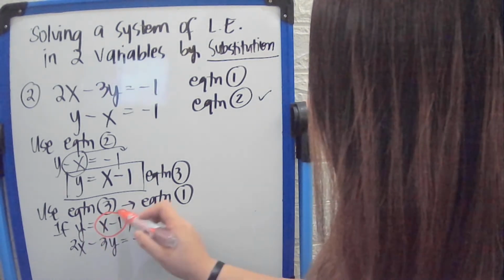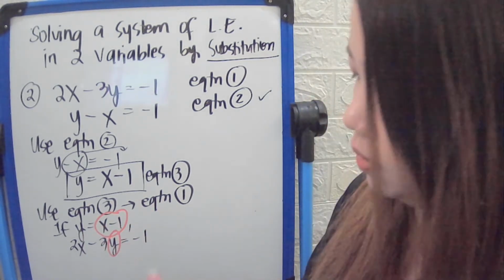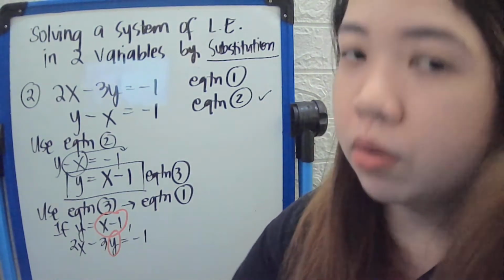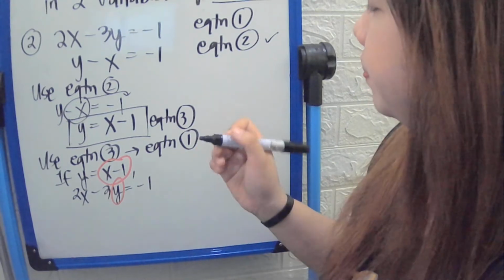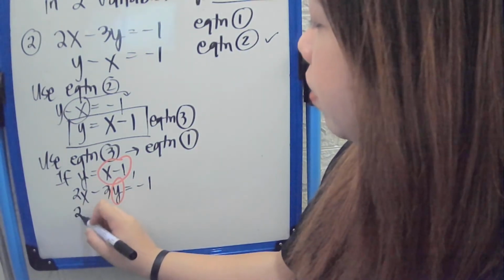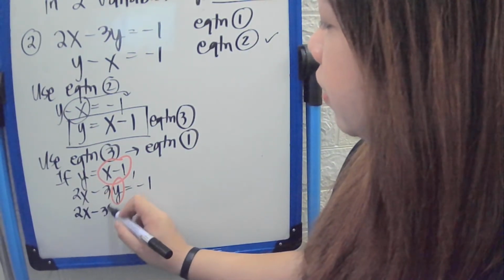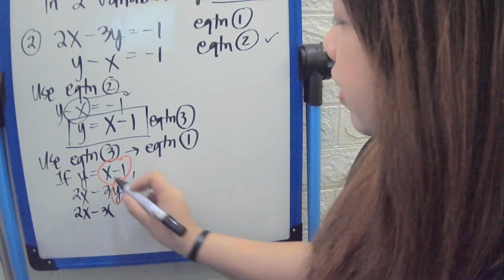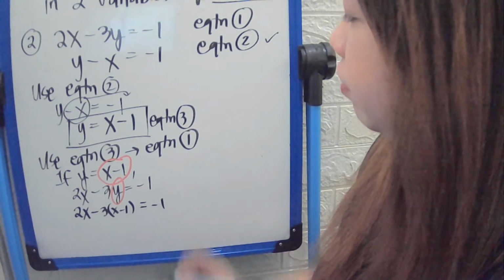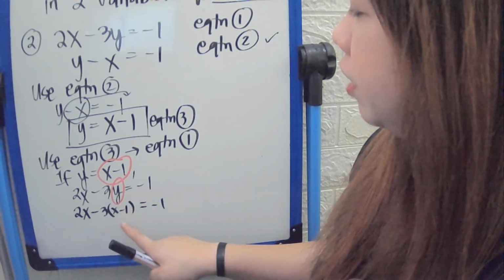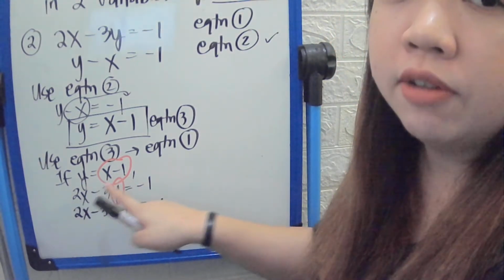So, ito yung ipapalit natin dito kay y na yan. So, ibababa ko lang ng konti yung screen para medyo may space tayo. Okay, so that will be 2x minus 3 multiplied by x minus 1 is equal to negative 1. So, yung y doon, pinalitan ko na siya ng x minus 1 kasi yun po yung nasa if natin.